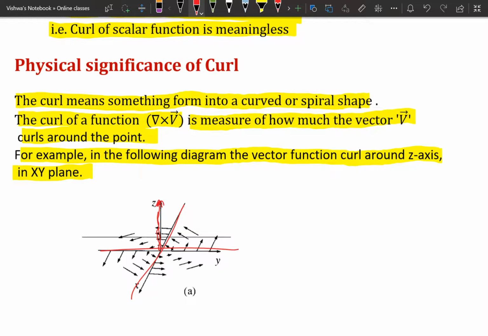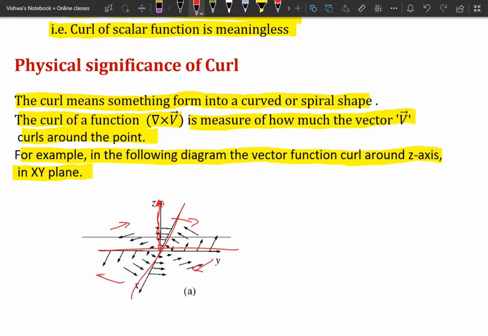Using thumb rule, we can find the direction. The fingers should be curled around the direction of the vector field, and the thumb indicates the direction of the curl. Suppose these arrows are revolving in opposite direction, that means like in this direction.